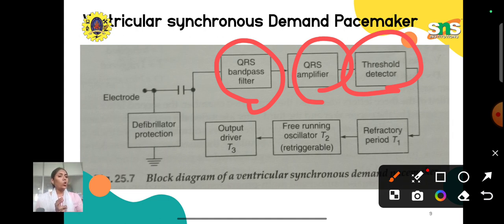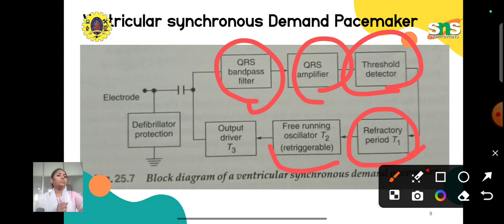If a normal QRS is sensed, it will fire the signal in the refractory period. That is the reason this refractory period has been added. So it will wait for that refractory period. If the QRS is there, it will give the impulse in the refractory period. If it is not there, it will give the impulse after the refractory period.